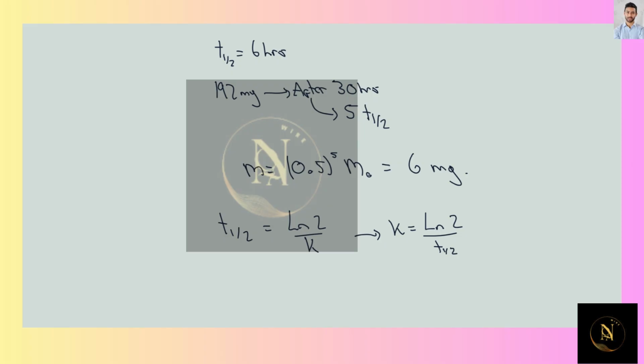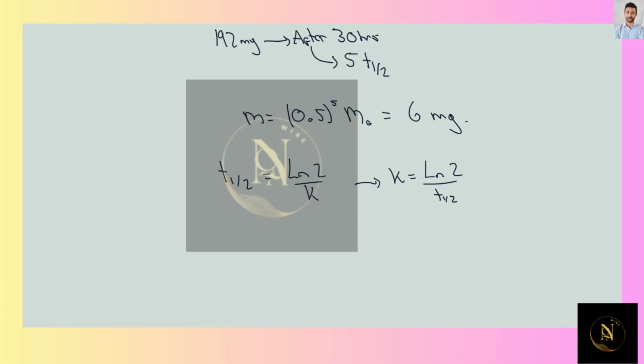From here, we can replace this value into our exponential equation. We know that the concentration or the amount of substance at a certain time t is going to be equal to the initial concentration times the exponential of minus kt.